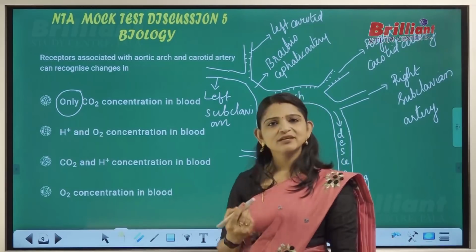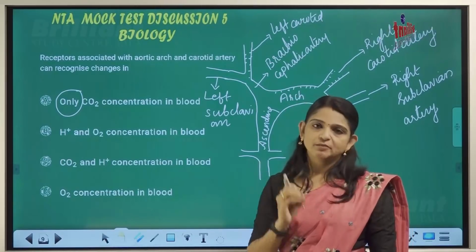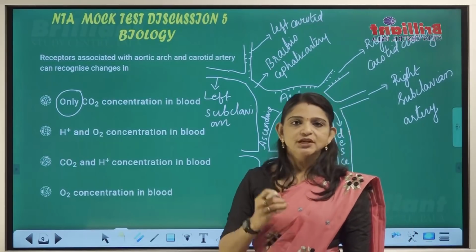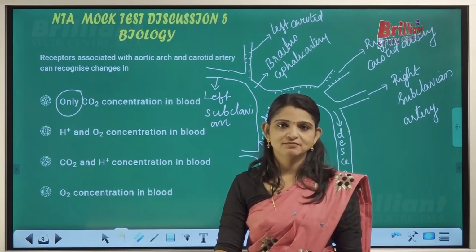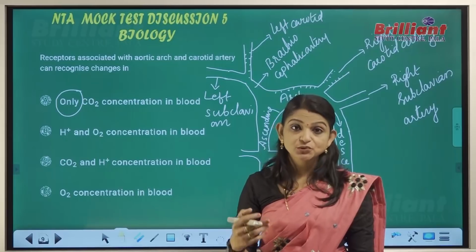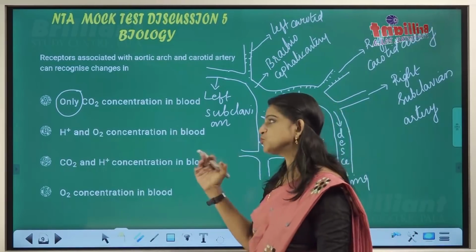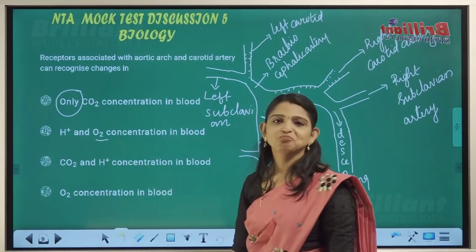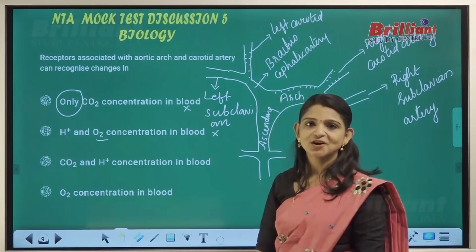Actually, they can recognize oxygen concentration, but think about it: if your tissue is getting more oxygen, what will happen? Nothing will happen, your tissue just becomes more saturated. So the receptors won't be concerned about oxygen much, and here also we cannot choose this option.